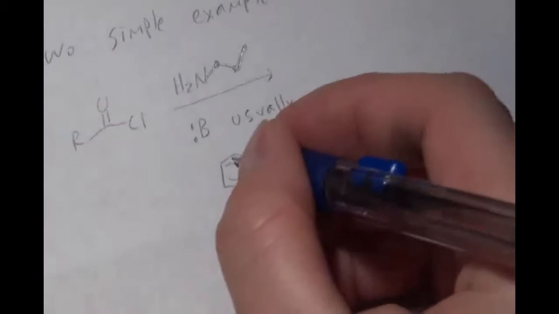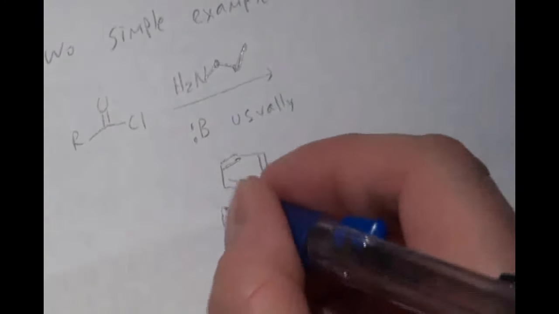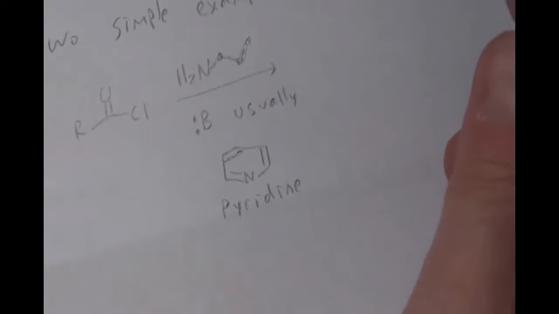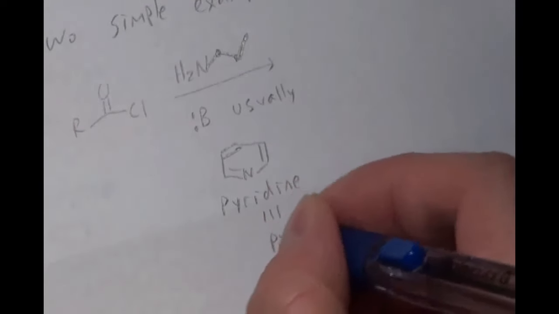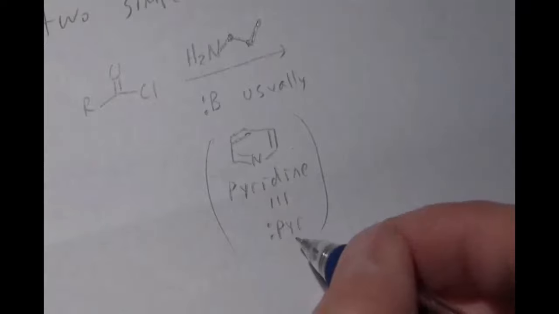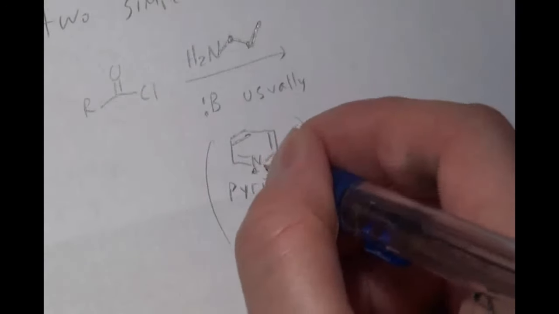It's pyridine, right? And if we were going to give pyridine an abbreviation, sometimes we say PYR dot dot. Well, anyway, that's the base. And sometimes you just say B dot dot for base. Or we say PYR dot dot. Or we say pyridine. Pyridine has a lone pair on it right there.